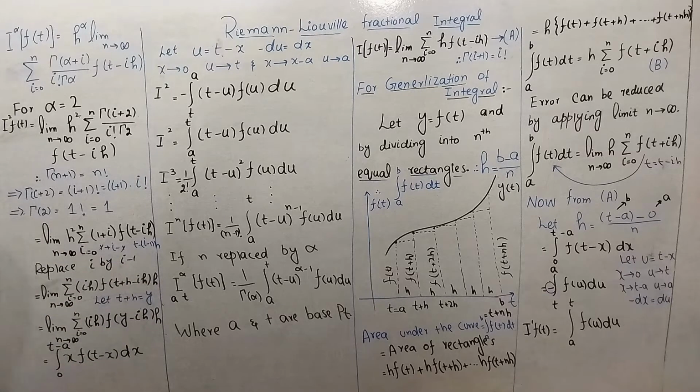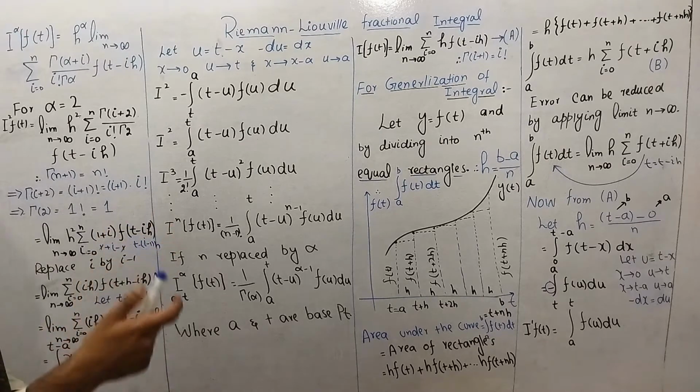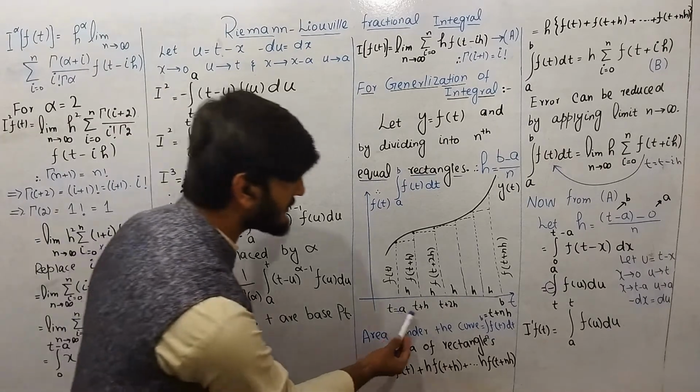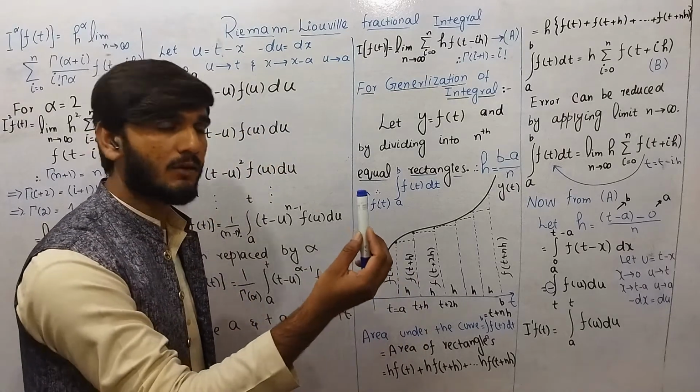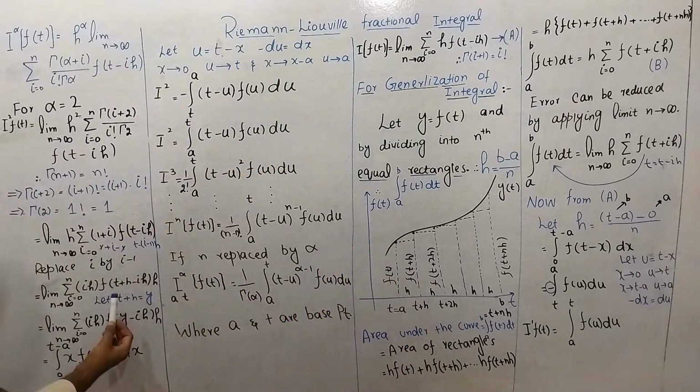Let me put t plus h equal to y, which is a variable, as t plus h is the extension of the rectangles, so we can say it is any variable, and its name will be y. So if we take y equal to minus i of h, then what will we do here? We will convert it into the integral form.